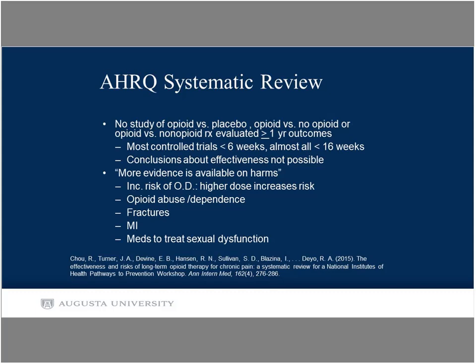And in fact, this systematic review reported that there is more evidence available on the harms of long-term opioid treatment, including an increased risk of overdose, gradually increasing tolerance with higher doses, increasing the risk of overdose, the risk of abuse and dependence, fractures, meaning falls related to taking prescription opioids, etc.